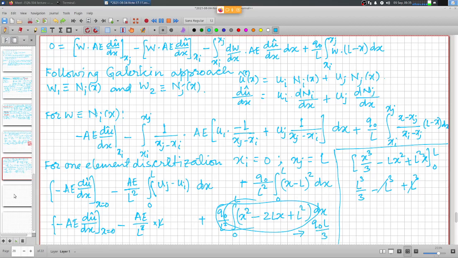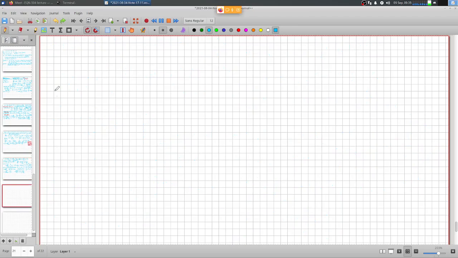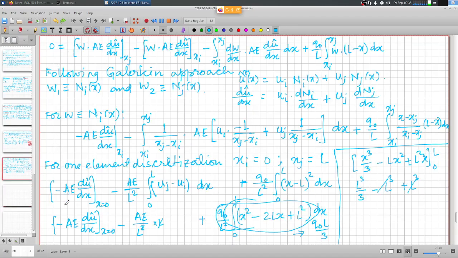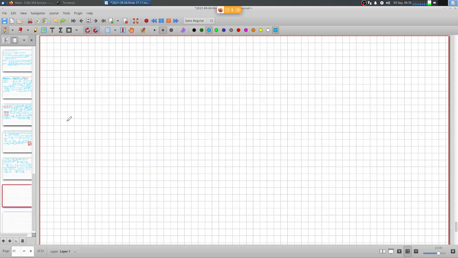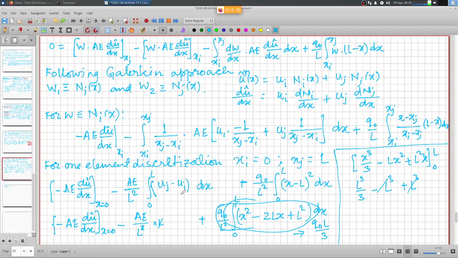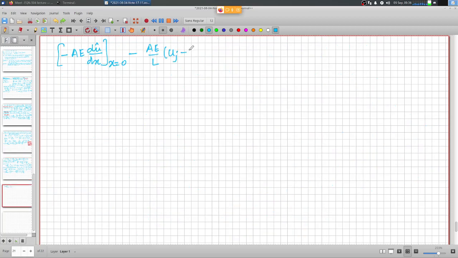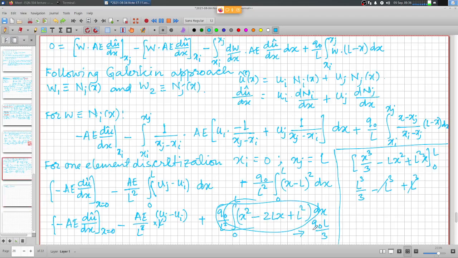So the equation that we have now corresponding to the first equation for W is equal to Ni x is AE du by dx at x is equal to 0, minus AE by L, this is of course uj minus ui, plus q0 L by 3.